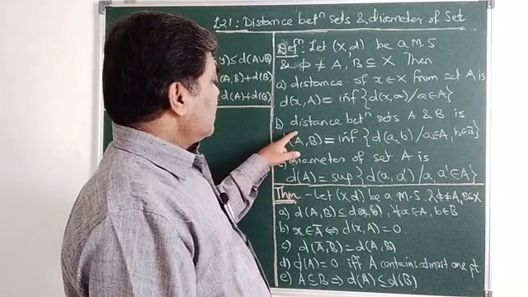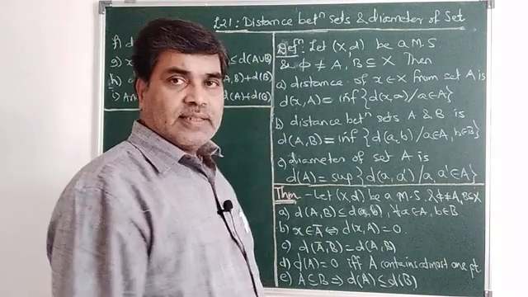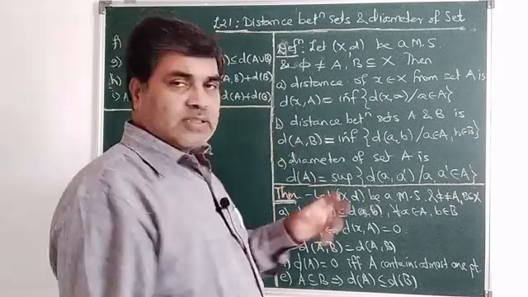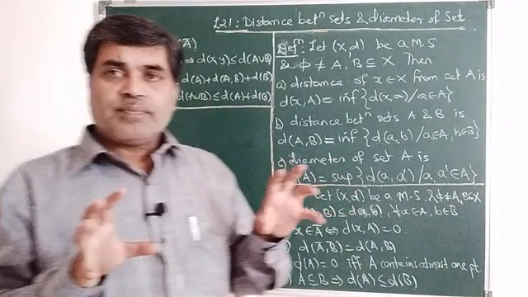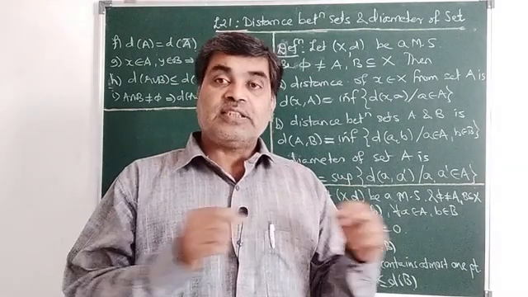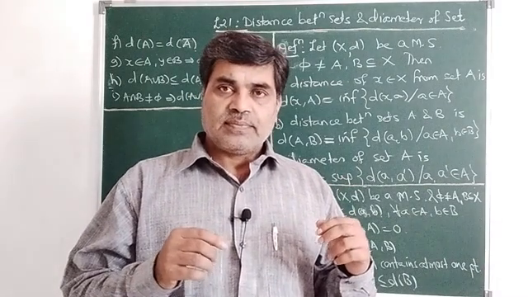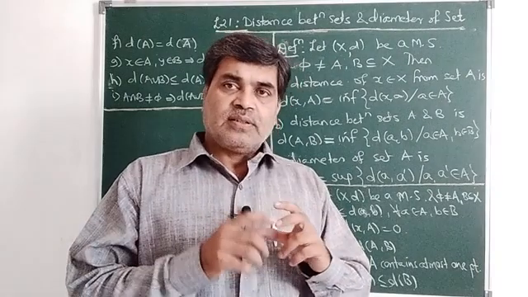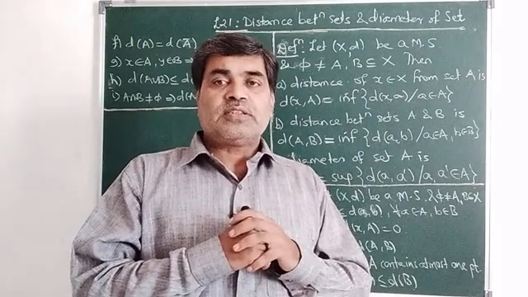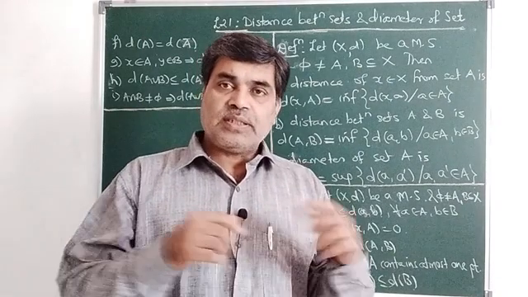Then the distance between two sets A and B is given by, as for circles I have told, where you find the distance between their centers and subtract the sum of the radii to get the distance between the circles.